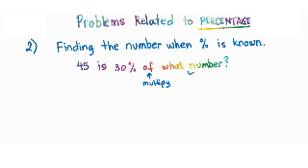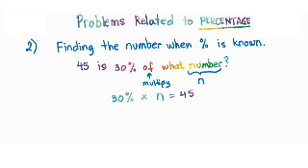We do not know what the number is, so maybe we can just say the number is a variable n, meaning we could rewrite it as 30% times n is equal to 45.